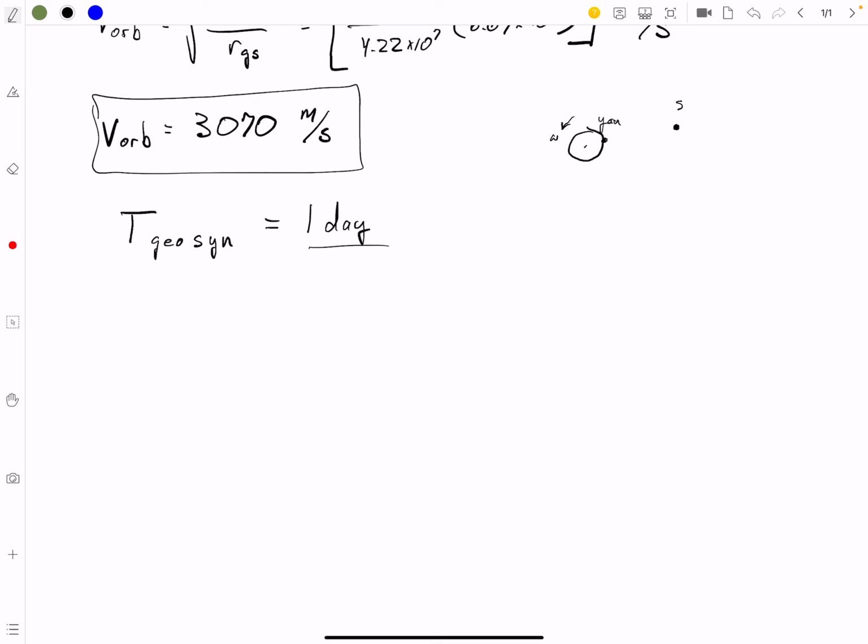Do a little calculation. So 2 pi, and then we're going to do our r cubed over our mg.